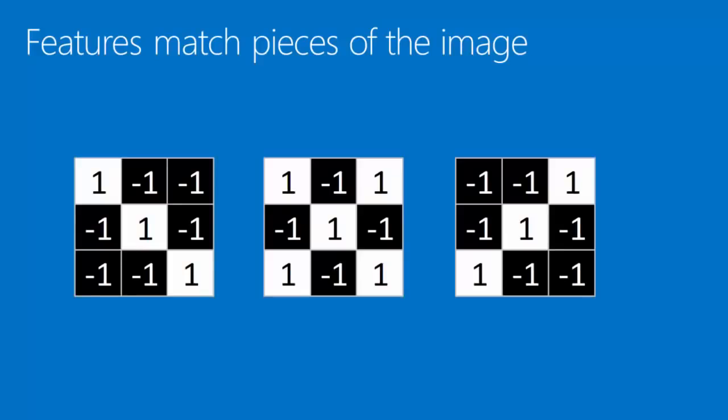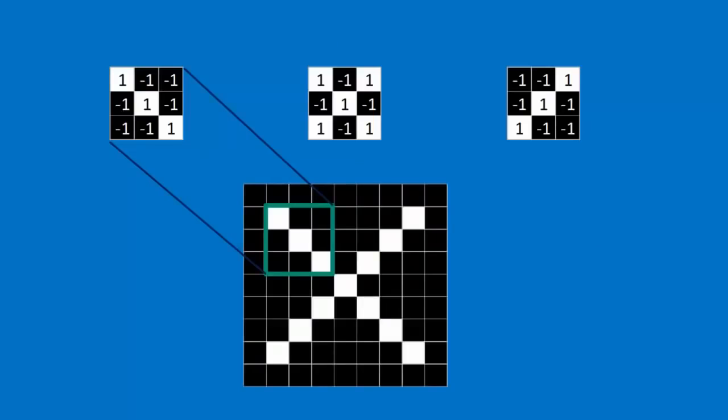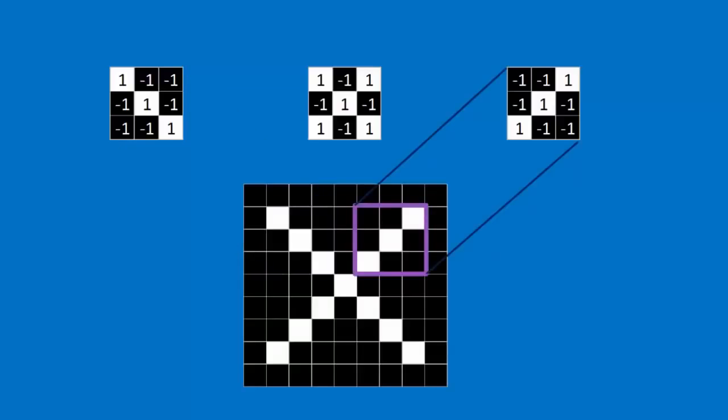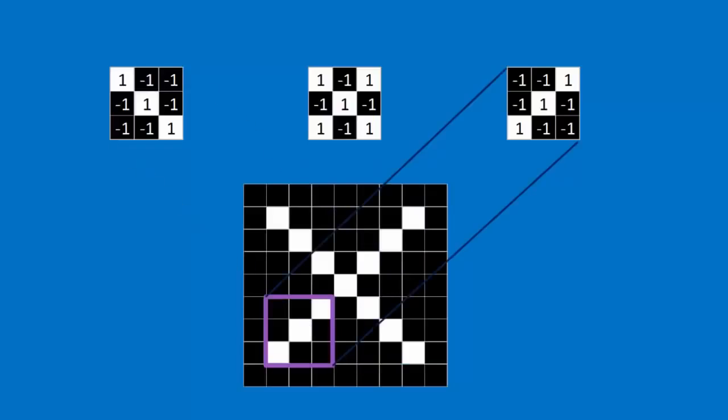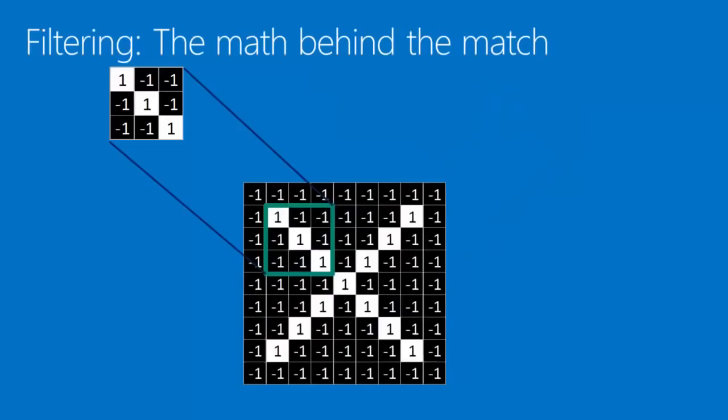The one on the left is a diagonal line slanting downward from left to right. The one on the right is also a diagonal line slanting in the other direction. And the one in the middle is a little X. These are little pieces of the bigger image. And you can see as we go through, if you choose the right feature and put it in the right place, it matches the image exactly. So okay, we have the bits and pieces.